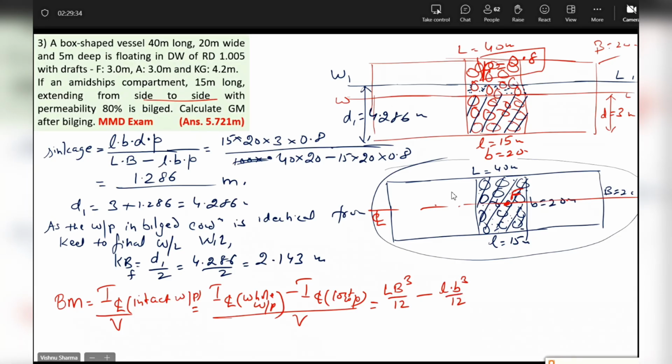But if the area has been reduced, the moment of inertia will reduce. If the area was becoming half in earlier questions, it was becoming half. So here it will also become reduced in the same proportion as the permeability, divided by volume of displacement LBD. And we put the values. Length is 40, breadth is 20 cube by 12 minus 15 into 20 cube by 12 into permeability of 0.8, divided by 40 into 20 into 3, and you will get the BM.